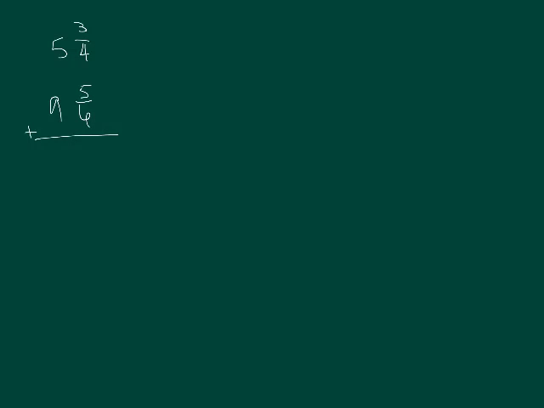The common denominator for 4 and 6 is 12. I'll leave the figuring on how to do that to you since you've already done a lot of it. That gives me 5 9/12, and 6 times 2 and 5 times 2. Then I add my 9 and 10 and get 19, over 12.